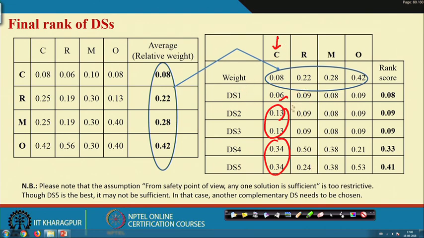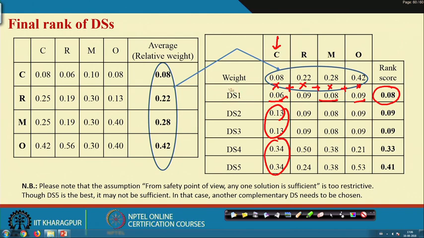Similarly, you have to find out with reference to reliability, maintainability and operability. Now, the overall score you have to find out, because the weight priority vector also has to be used. Then you do 0.08 multiplied by 0.06 plus 0.22 multiplied by this plus 0.28 multiplied by this plus 0.42 multiplied by this, and this sum will be the score.